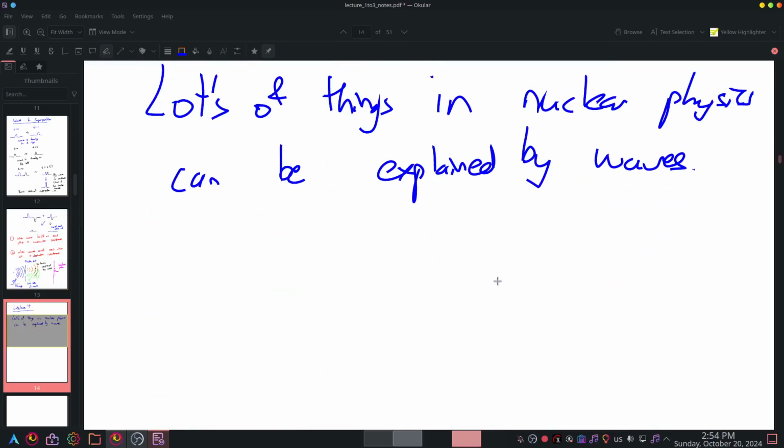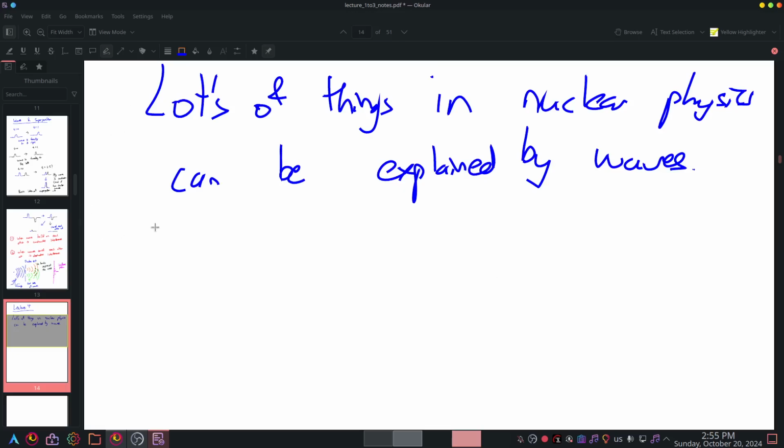Well, in nuclear physics, or at least in the quantum physics world, things behave a little bit differently. For example, an atom and the electrons within atoms can only adopt specific energy levels. The same goes for the nucleus.